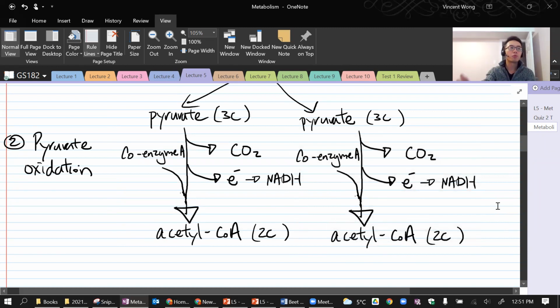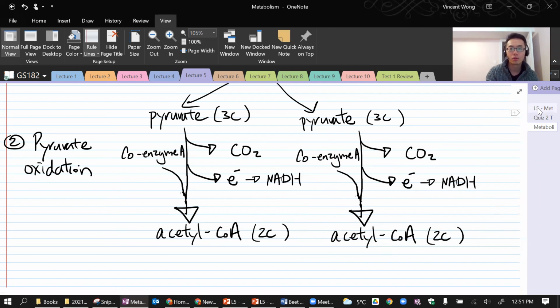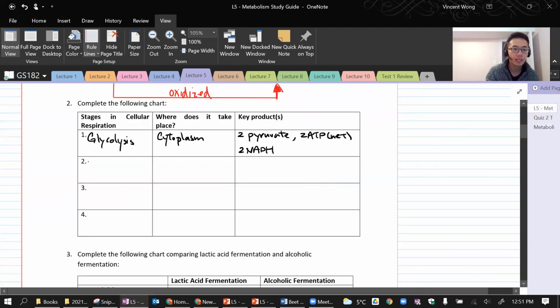So that is the pyruvate oxidation, right? What are the major products? We will have 2 carbon dioxide, 2 NADH, and 2 acetyl-CoA. Pyruvate oxidation. Where is it going to be happening? Matrix.